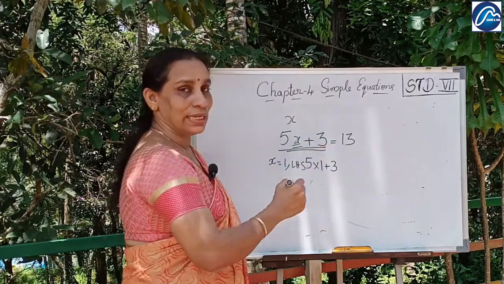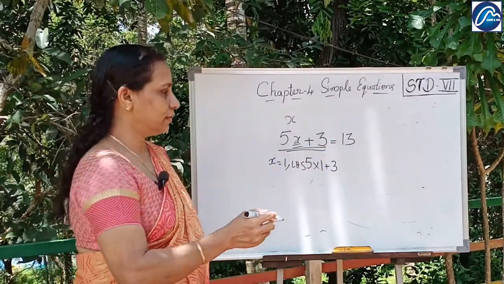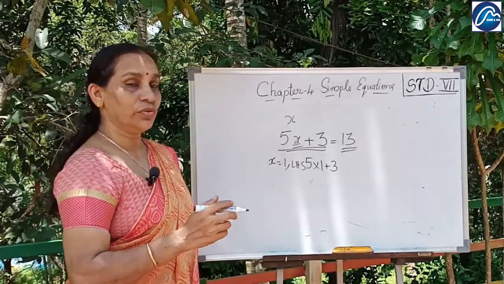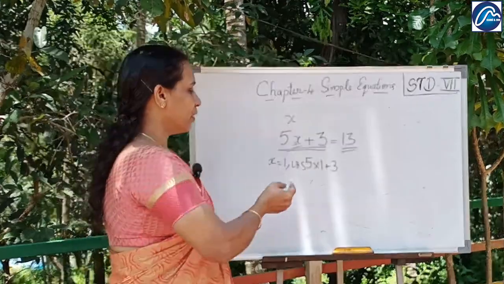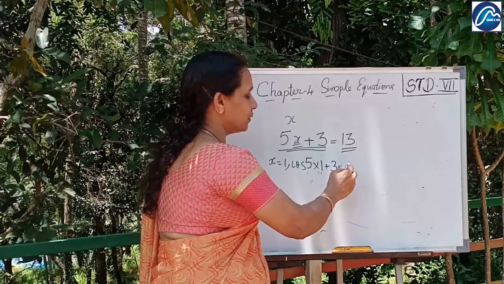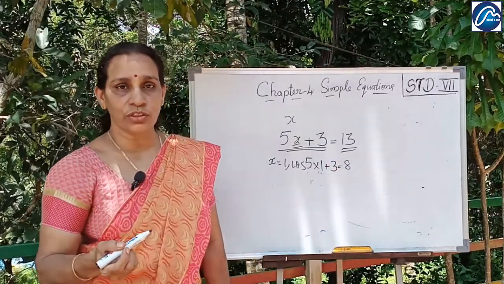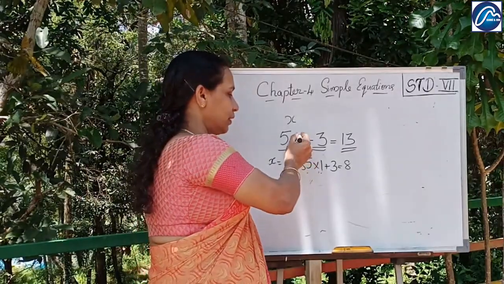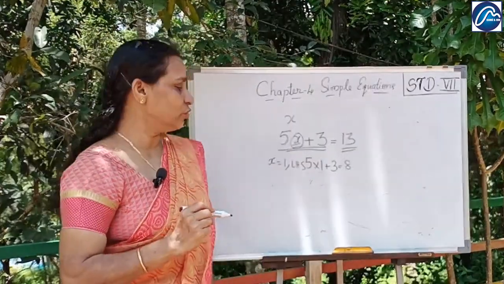This is known as LHS, or left hand side. This is known as RHS, or right hand side. What is the result of LHS? 5 into 1 is 5, 5 plus 3 is 8. It is not equal to 13. So x is not 1.